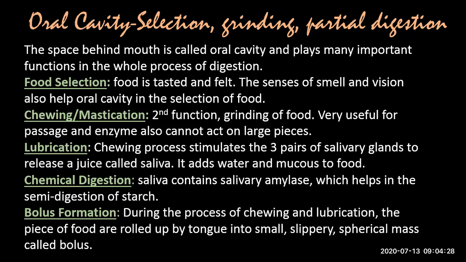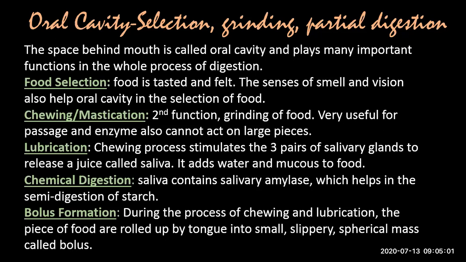Then comes the process of chemical digestion. This saliva, besides water and mucus, also contains chemicals, and those chemicals are salivary amylase. Amylase is the enzyme which acts on starch, on carbohydrates, and it digests the carbohydrate starch into monosaccharides or disaccharides.